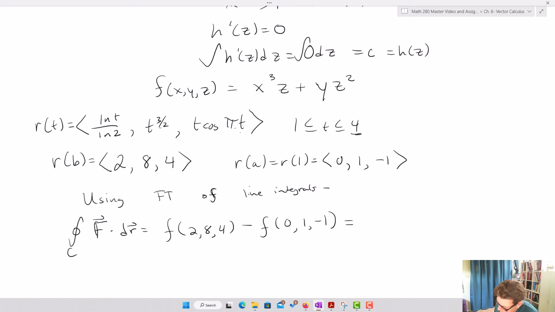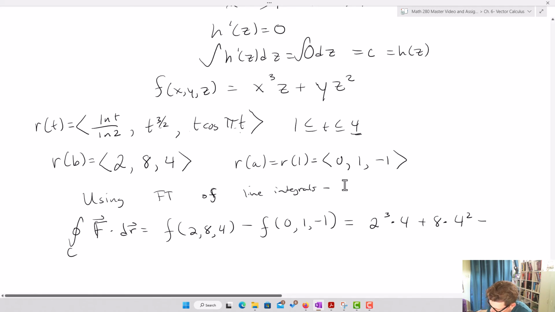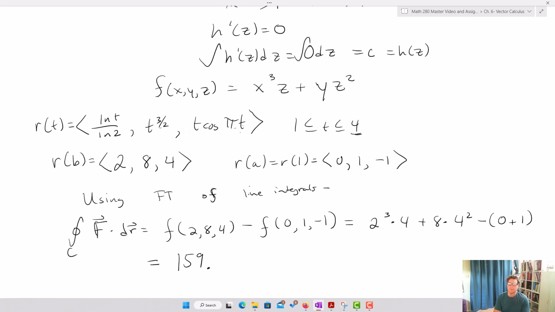And that equals 2 cubed times 4 plus 8 times 4 squared minus, and this is 0 plus 1, 159. And we're done. If you do those line integrals a couple of times, you'll see that utilizing this method, if we have a conservative vector field, makes life a lot easier.